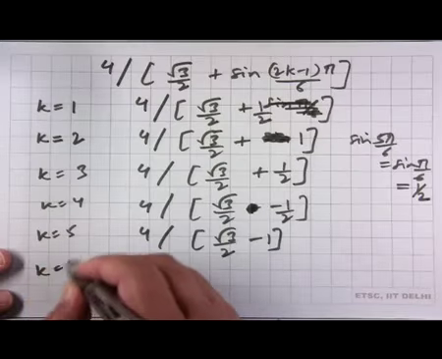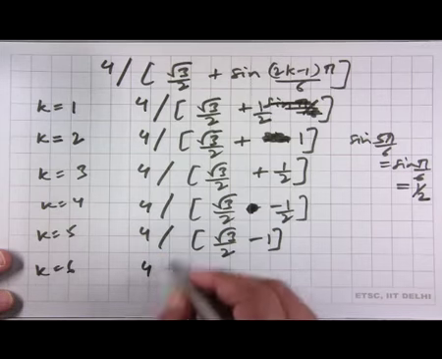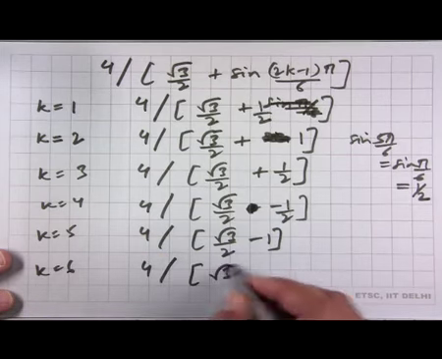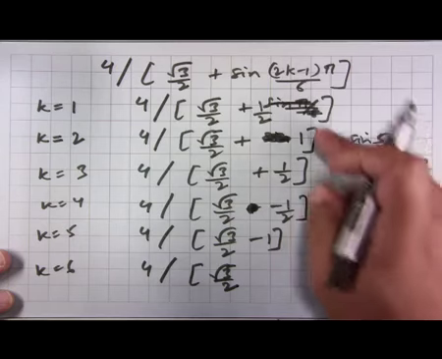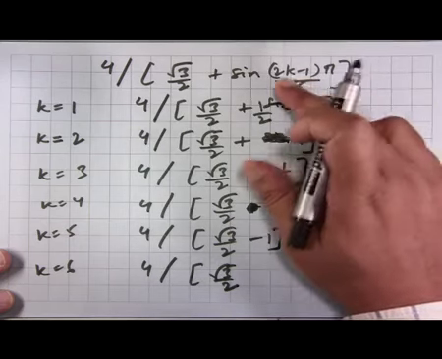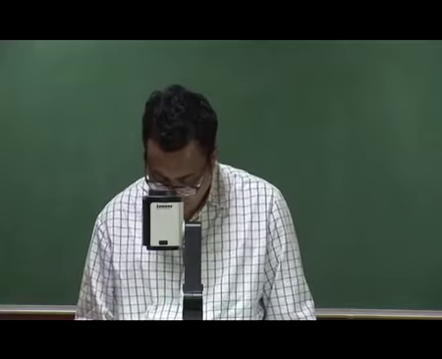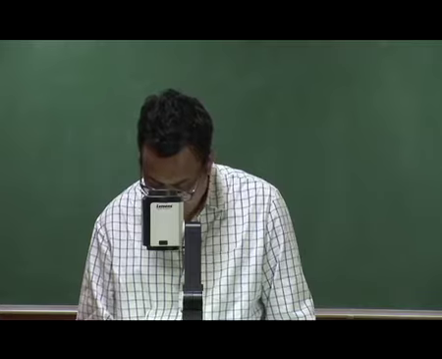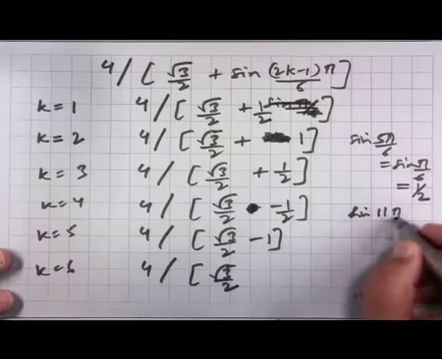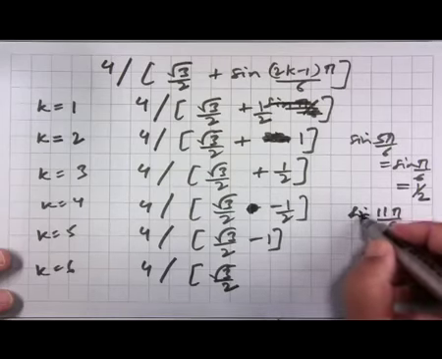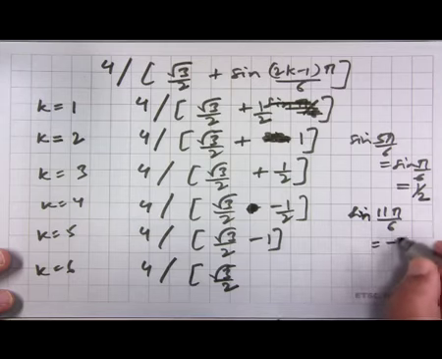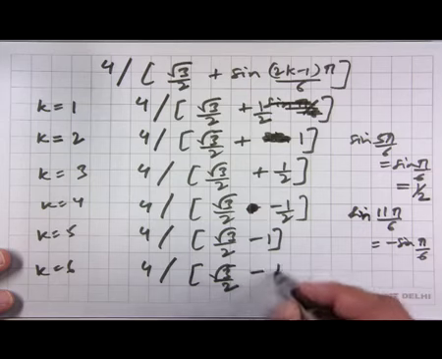And then the last and the sixth term is, so when we put 6 here we get 11 pi by 6. So, sine of 11 pi by 6 is the same as minus half, because sine of 11 pi by 6 is equal to minus of sine of pi by 6. So, this is minus half.